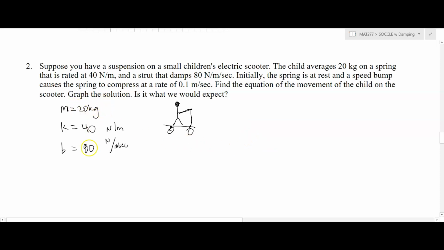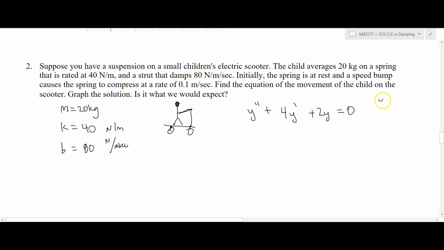Okay, great. So we also have our initial conditions. We have that y of 0 equals 0. The spring is at rest, so nothing's happened yet, but it just bumped into a speed bump. It's going to cause the spring to compress at a rate of 0.1 meters per second. So our equation is going to be the second derivative plus b over m, which is 80 over 20, that equals 4, times y prime, plus k over m, 40 over 20, which is 2, times y, and that equals 0.